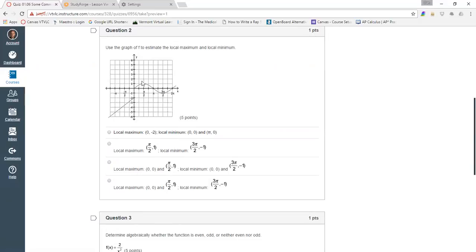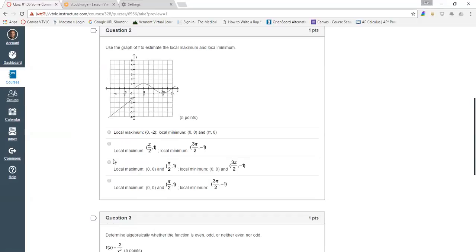And pi over 2 is a maximum. And 0, 0 is a minimum, as long as, again, I've got concerns about that vertical line test. And 3, so both of these are a possibility. Maximum is 0, 0. No, that's out. That's not a maximum, that's a minimum.